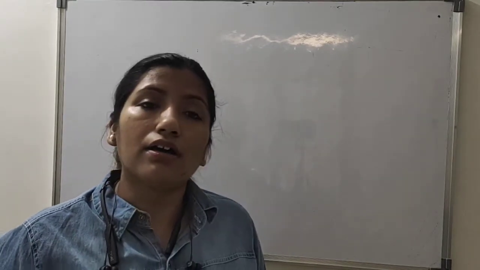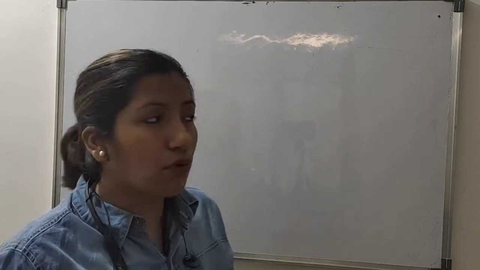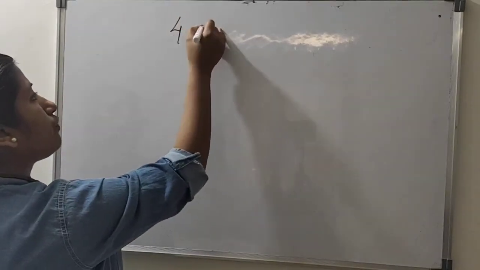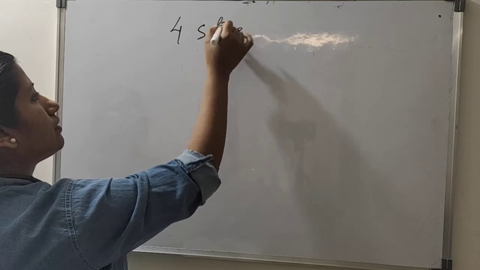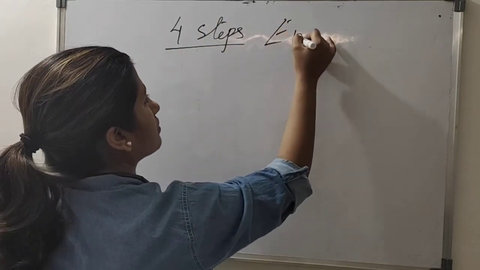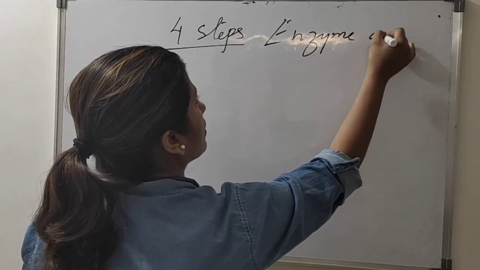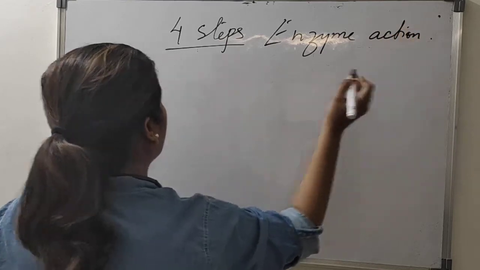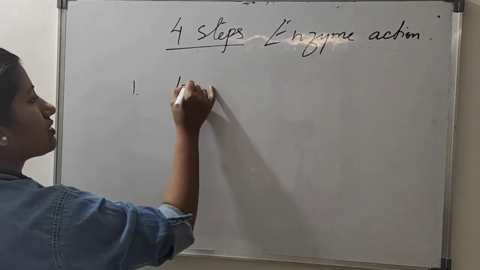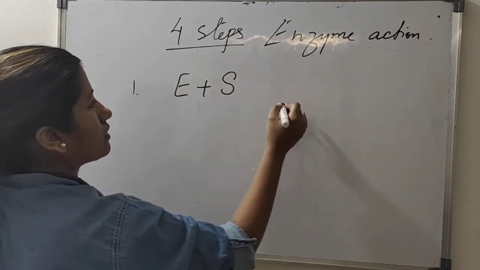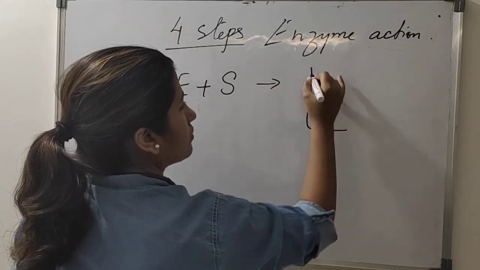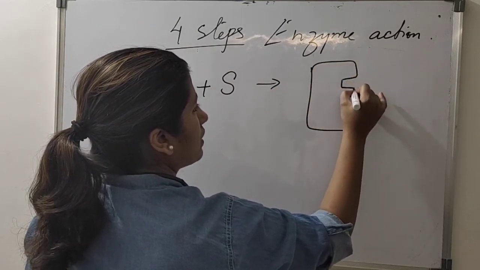On the same page number 157, there are 4 steps given of enzyme action, which explains the first step where enzyme combines with substrate. Suppose I am drawing an enzyme here.